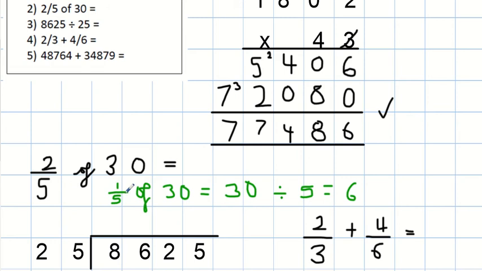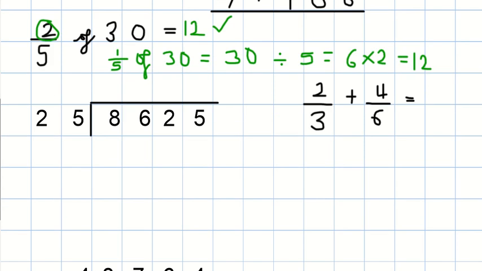So I know 1/5 is 6. Now if I want to know what 2/5 is, I have to multiply this answer by 2, and 6 times 2 is 12. Therefore, 2/5 is 12. Again, if you're happy with that one, give it a little tick. If you need to pause the video and rethink that strategy or the method, do so now, please.